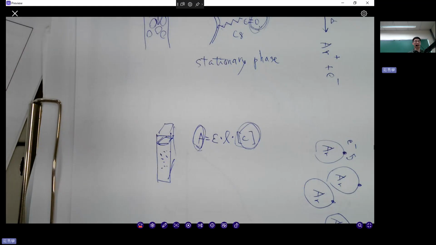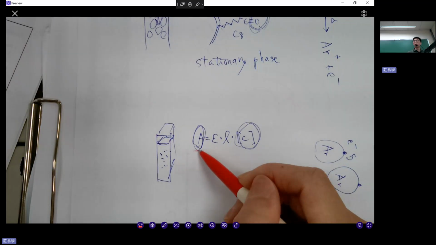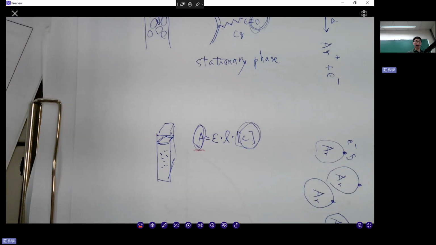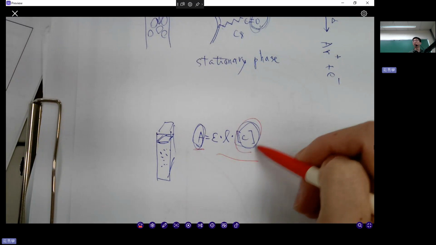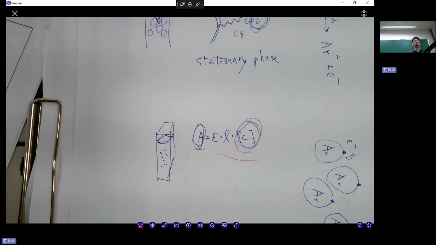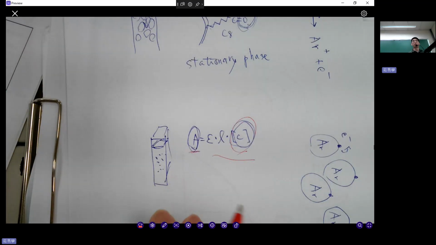So can you measure the absorbance and use this equation to quantify the concentration of target analytes if you are not separating your target compound from the interference? That's not possible, right? So that's the reason why we need to separate before we can do the quantification.